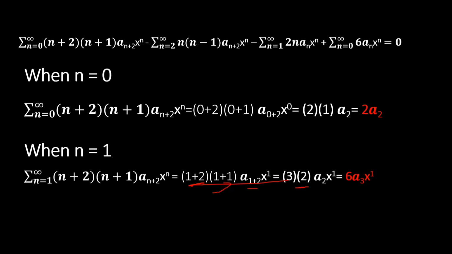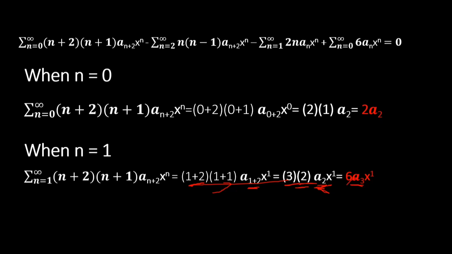So a subscript 1 plus 2 will give me a subscript 3. Sorry, it's a mistake. Here is a subscript 3. So it's a subscript 3. Then 3 times 2 will give me 6. You can see the 6 here.